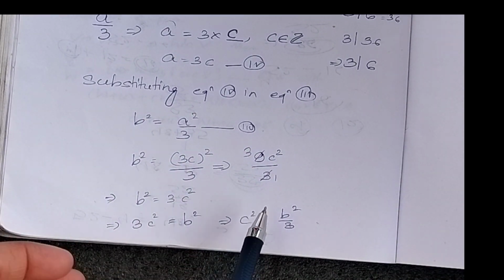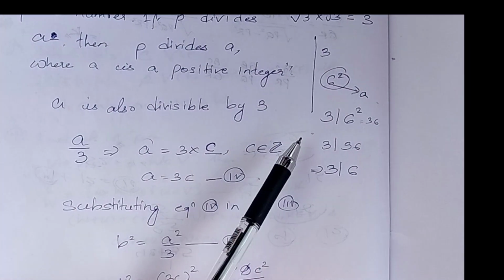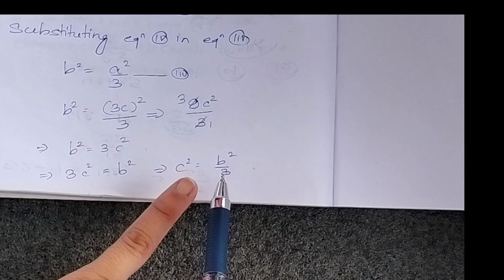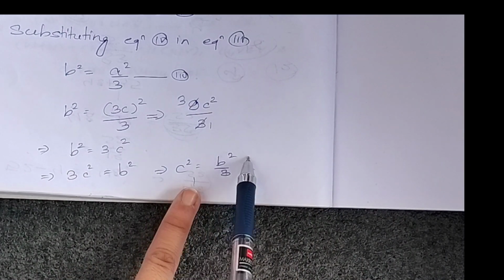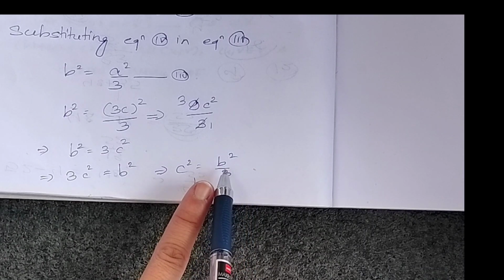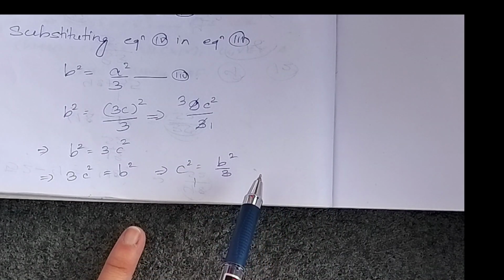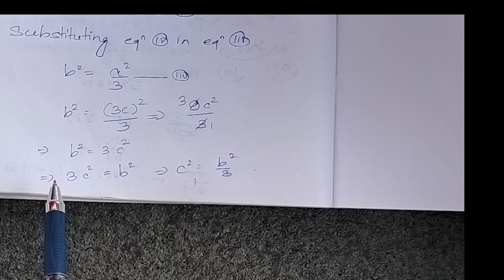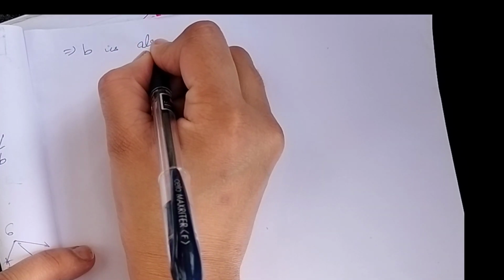Here we can see that, with the same theorem, if b square is divisible by 3, then b is also divisible by 3 by the previous theorem. So we can write b is also divisible by 3.